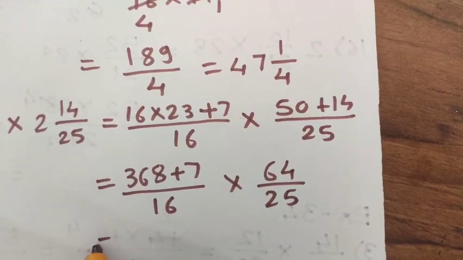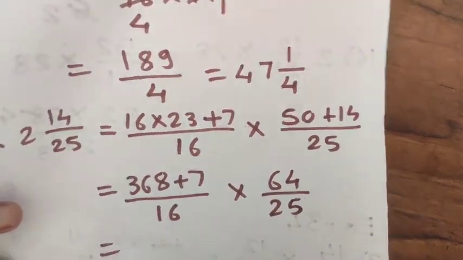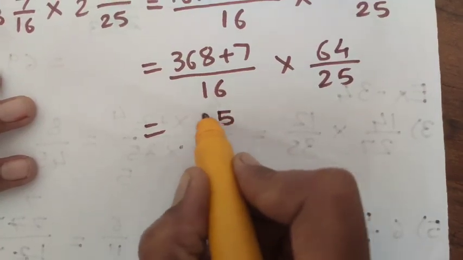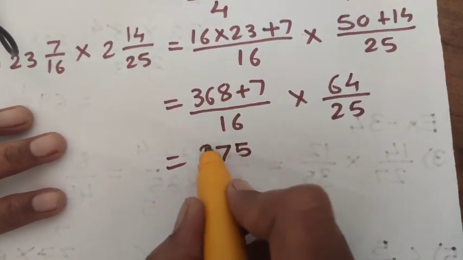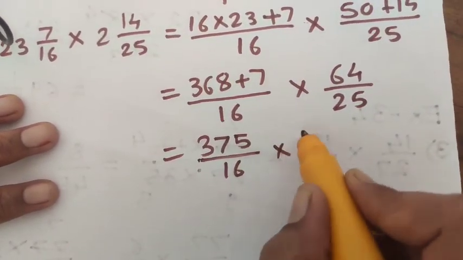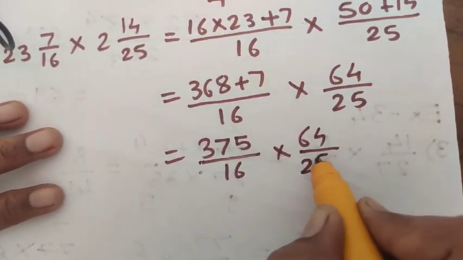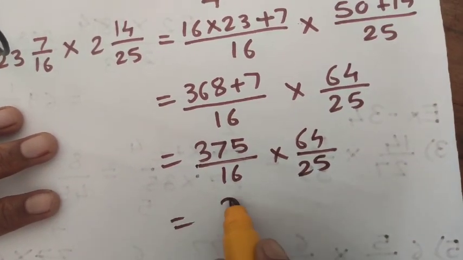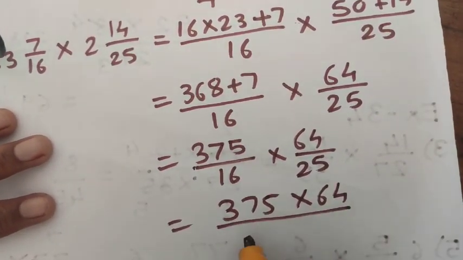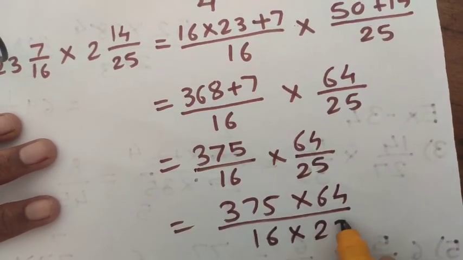Now this you have to do addition, that is 7 plus 8, 15, 1 carry, 7, 3, 375 upon 16, 64 upon 25. 375 multiplied by 64, 16 multiplied by 25.